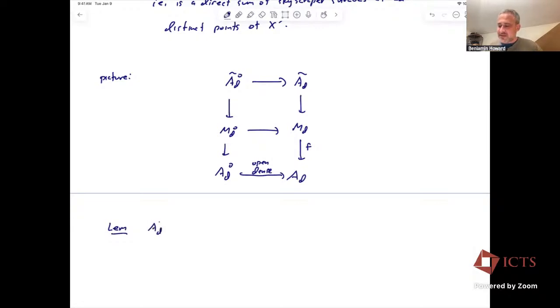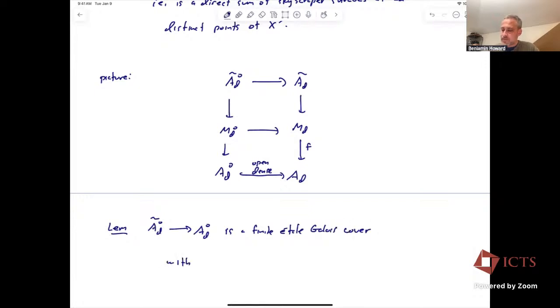Over the regular semi-simple locus, if I look at this AD0 tilde mapping to AD circ, this is a finite étale Galois cover with Galois group, what I'll call WD, and it's the symmetric group on D elements semi-direct product D copies of plus or minus 1, which is pretty easy to understand. That's a perfectly nice, reasonable group.